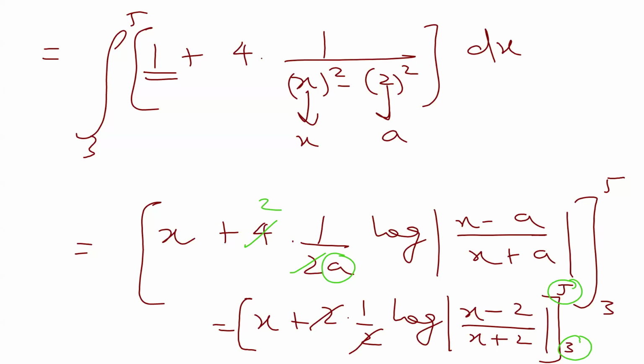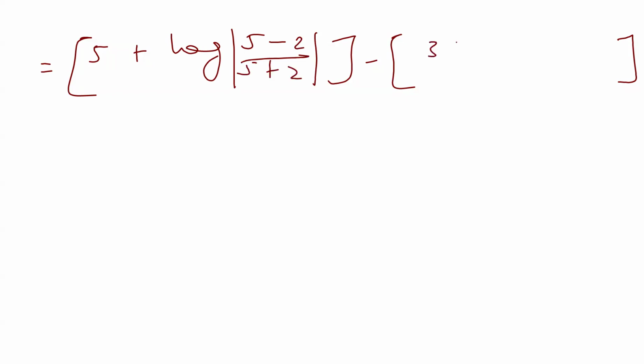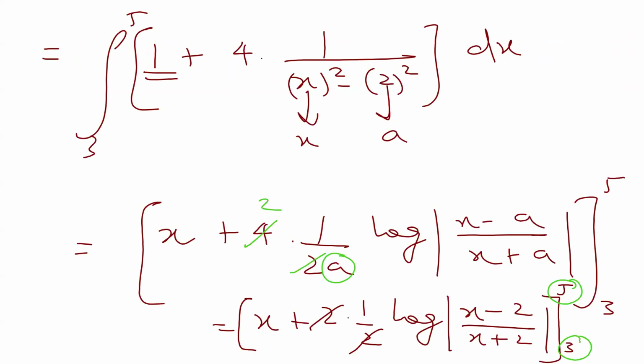Okay. So 5 plus log mod 5 minus 2 upon 5 plus 2, minus 3 plus log mod 3 minus 2 upon 3 plus 2. Wherever there is x, I'm putting 5 in the first box, and in the second box, I'm putting x as 3.